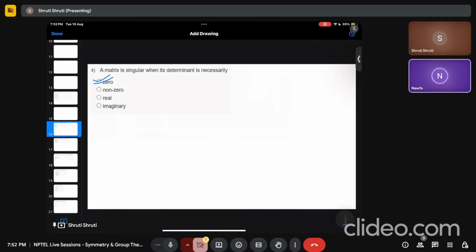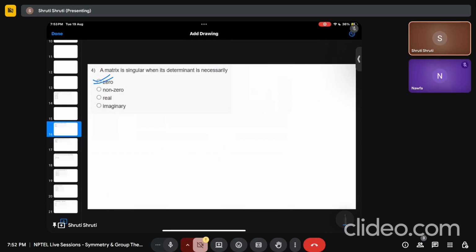If determinant is not equal to zero, it's non-singular. You can calculate determinant only for square matrices. A matrix can be rectangular, right? When the numbers of rows and columns are not equal. Yes, ma'am. But for that you cannot define a determinant.